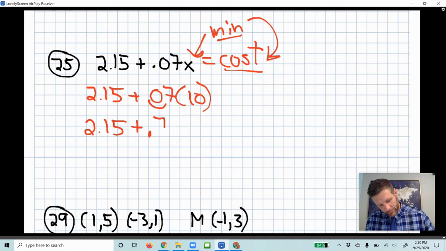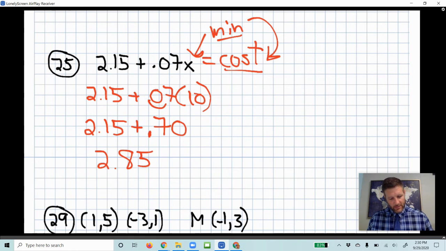So that's going to be plus 0.7. So that phone call cost him an extra 70 cents. And so we can go ahead and add these, and that will be $2.15 plus another 70 cents. You can imagine there's a zero here. That's going to be $2.85.